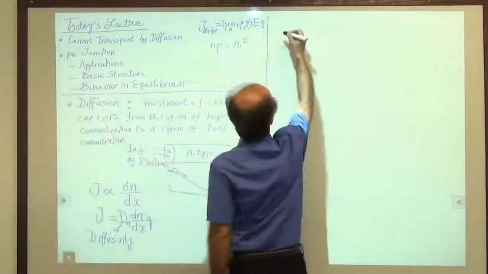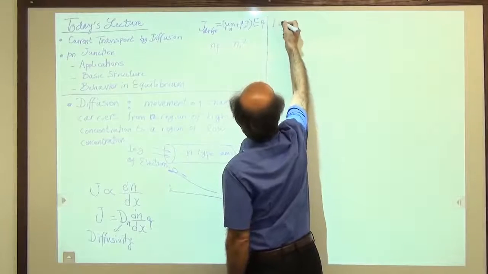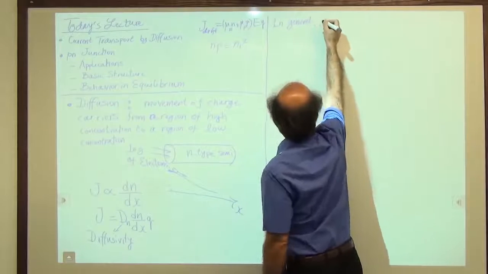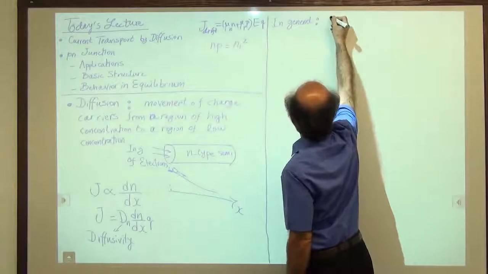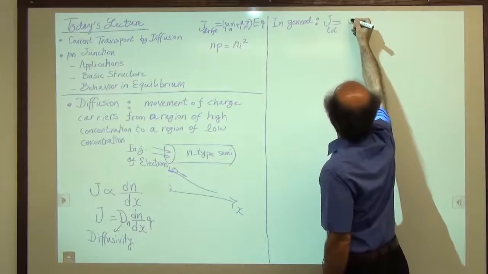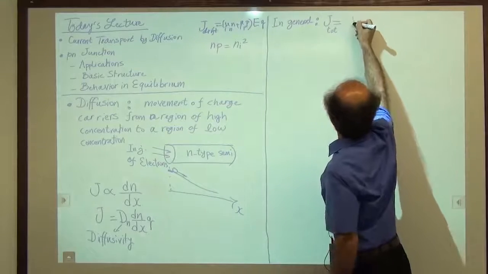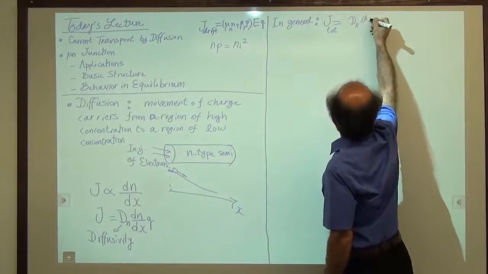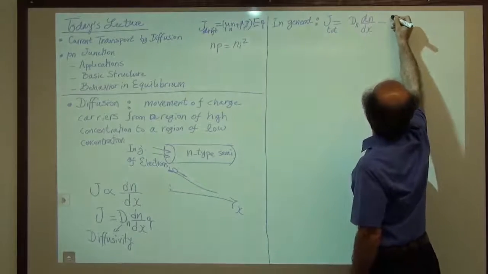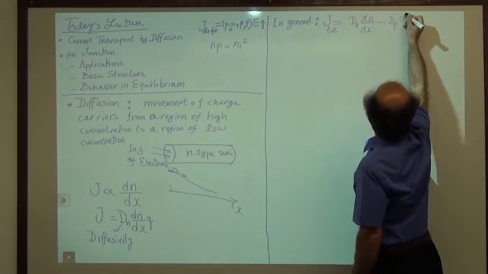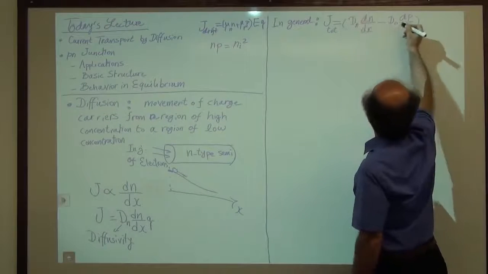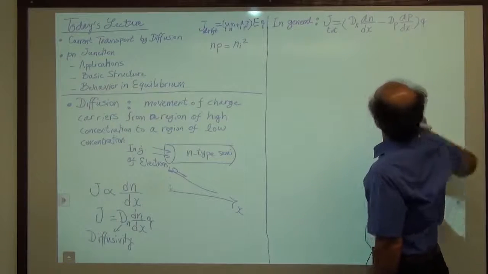So in general, if we have both electron concentration gradients and hole concentration gradients, the total current density is given by, starting from electrons, we write D_n times the derivative of n with respect to x, minus D_p times the derivative of p, holes, with respect to x, and then the whole thing multiplied by the electron charge.